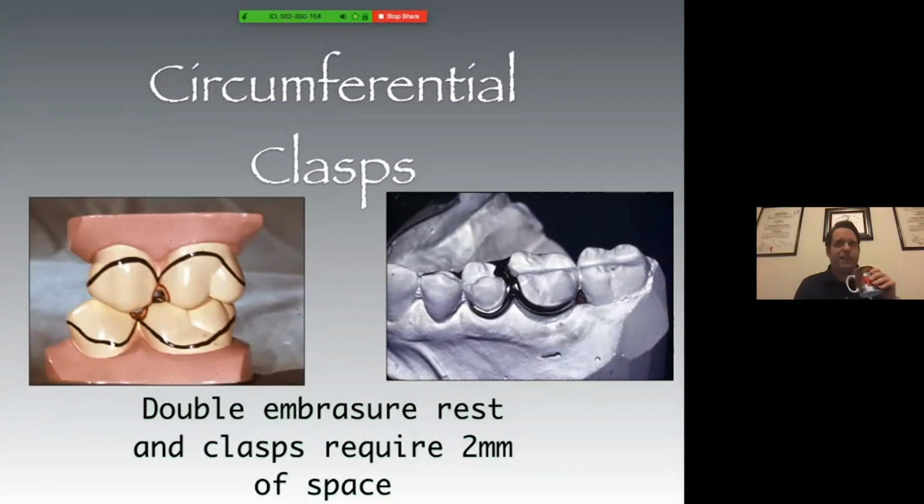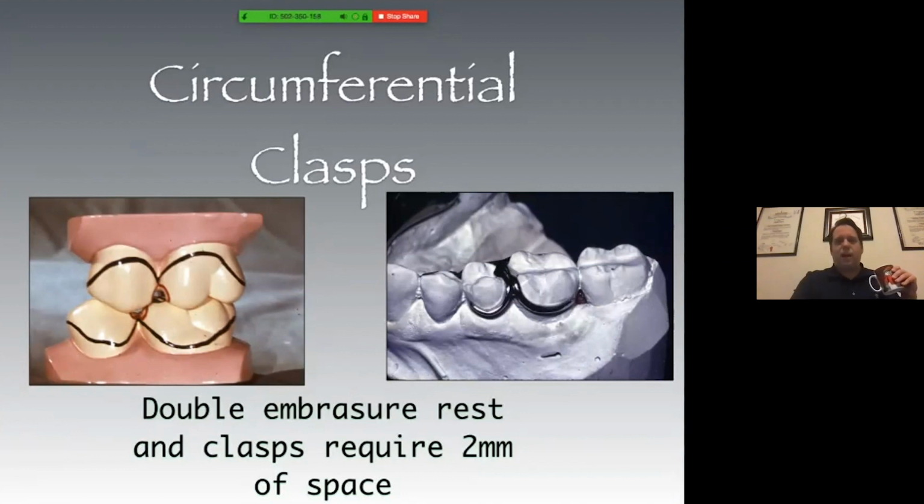Well, when was the last time you made a 2 millimeter occlusal reduction for an all porcelain crown? It felt murderous, right? It still does. It doesn't matter. Every time I take a burr, I have to take 2 millimeters vertically from a tooth just so I can make room for my all porcelain restorations. I know I'm taking away a lot of enamel. Well, for a double embrasure rest, you need to make that much room.